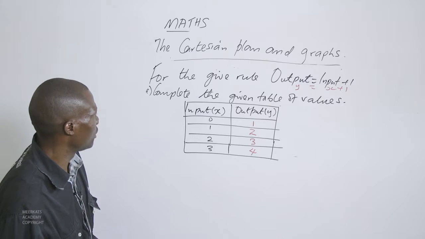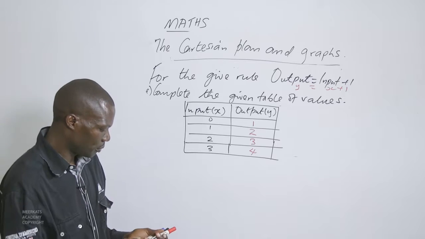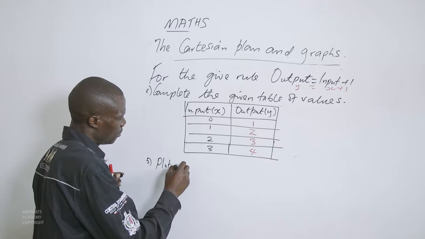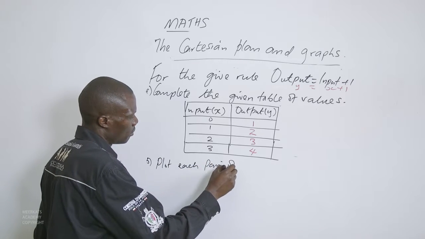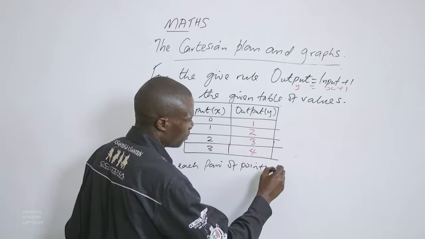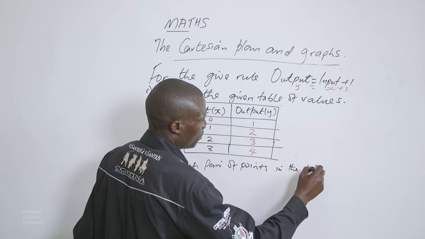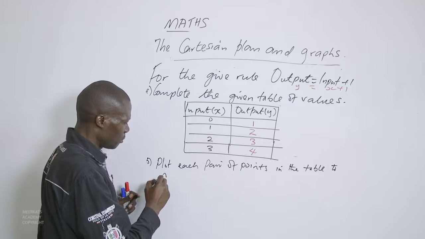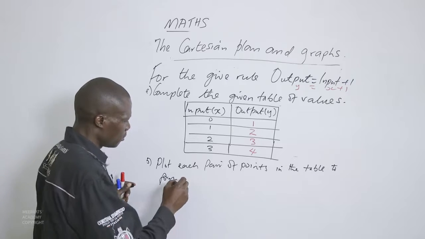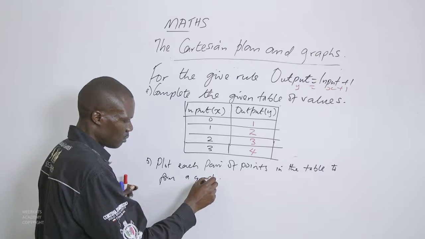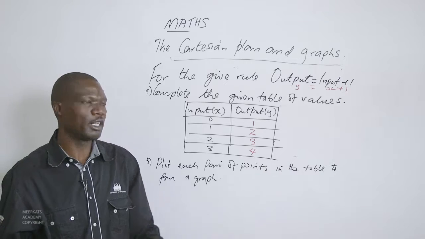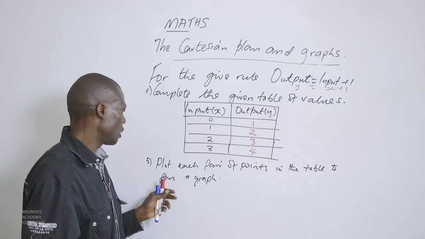So the second question reads, plot each pair of points in the table to form a graph.